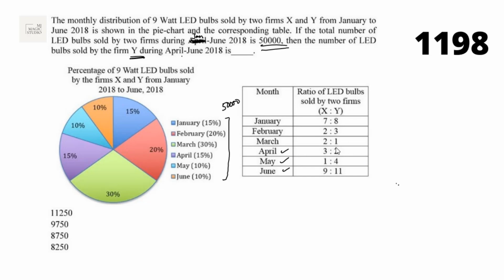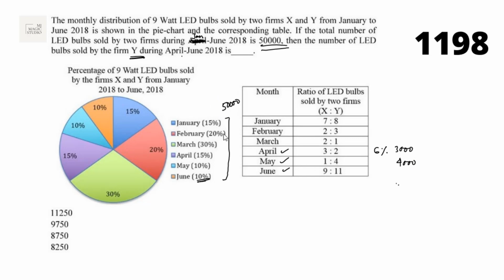That means for Y, it should be 6% of the total, the sale of bulbs by Y in April. Now total 10%, that is 5,000, sold in the ratio 1:4, so Y would be 4,000. Here also let's calculate this. 6% of 50,000 is 3,000.